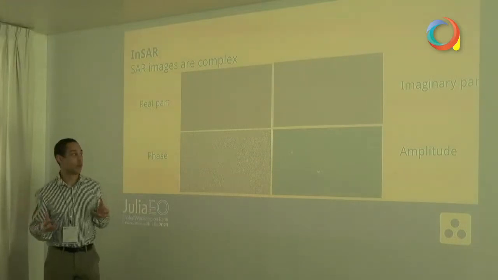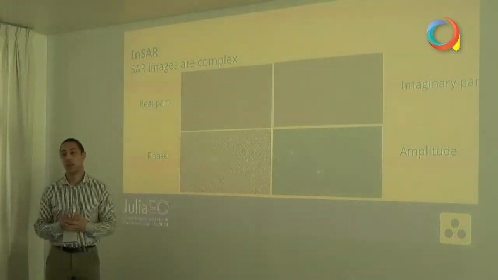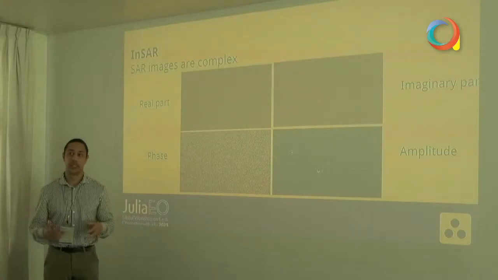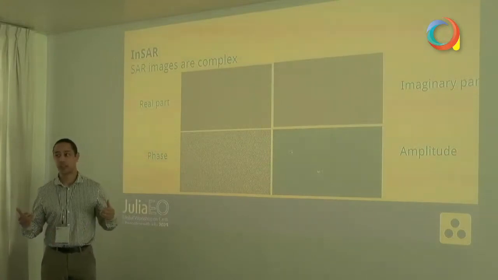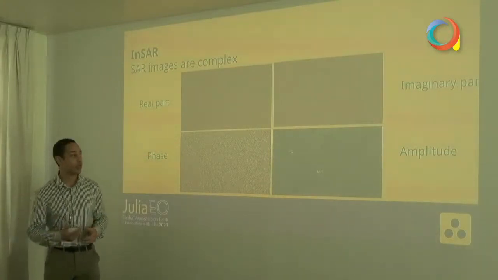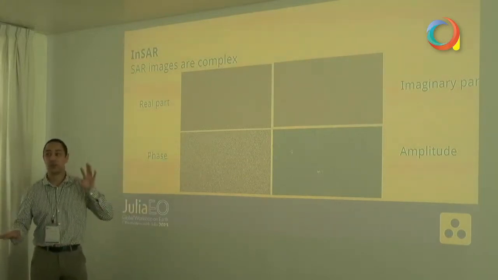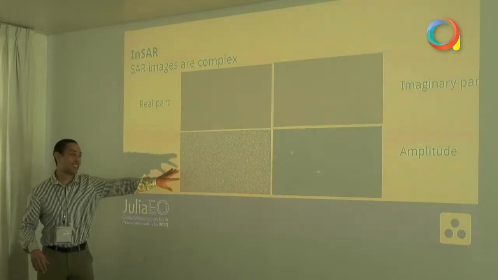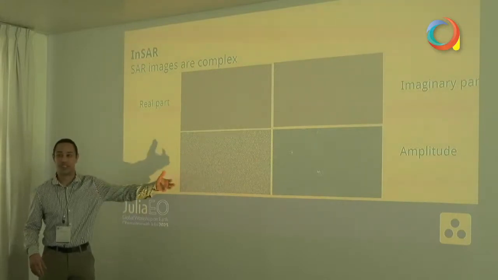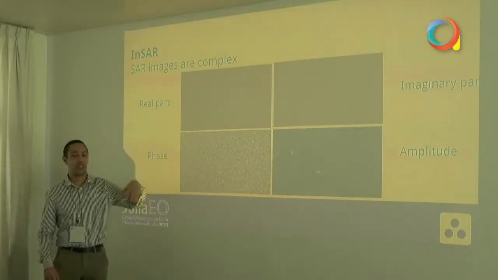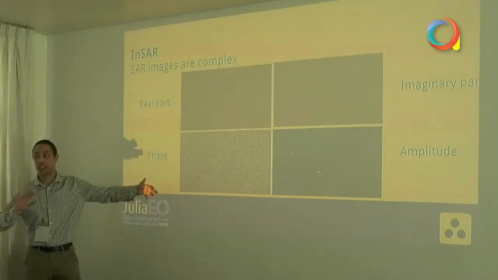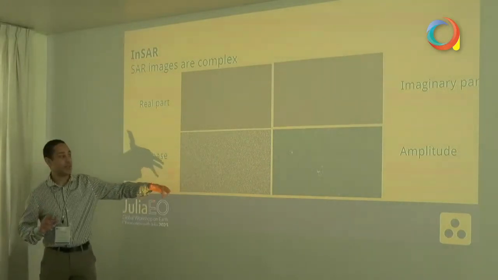Here we have the phase, and the phase of a single image is just noise. But we are able to get information out of the phase if we combine multiple SAR images over the same area. That process is called InSAR, where you exploit that the phase is not completely random.